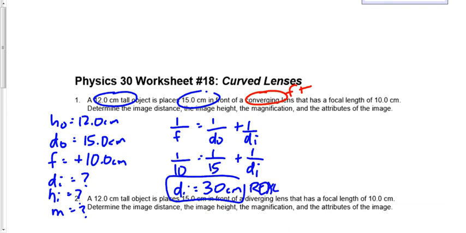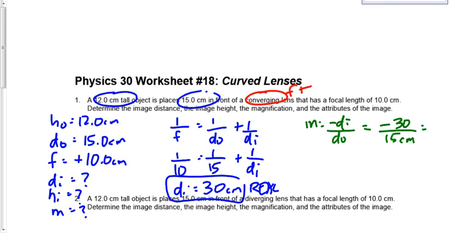Now let's find M. M is equal to negative DI over DO. It's equal to HI over HO, but it's also equal to negative DI over DO. So negative 30 divided by, what's the value of DO? Positive 15 centimeters, because it's a real object, as it always is.